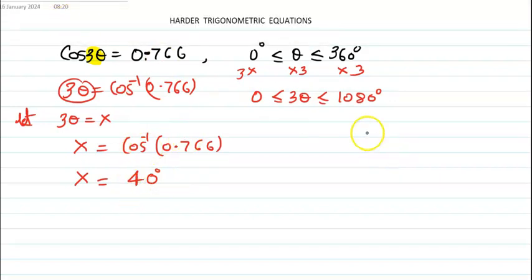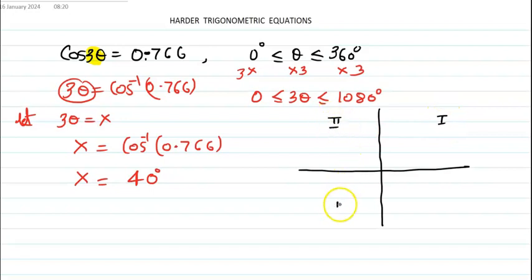Now we will draw the quadrants here. This is the first quadrant, second quadrant, third quadrant, and fourth quadrant. Here we can use the CAST diagram, which we call add sugar to coffee.